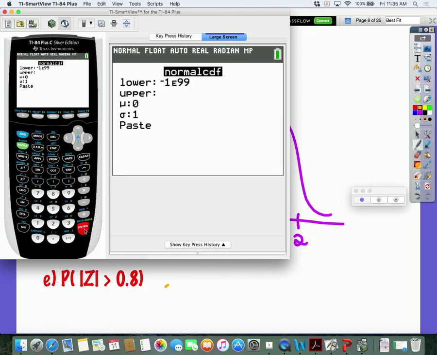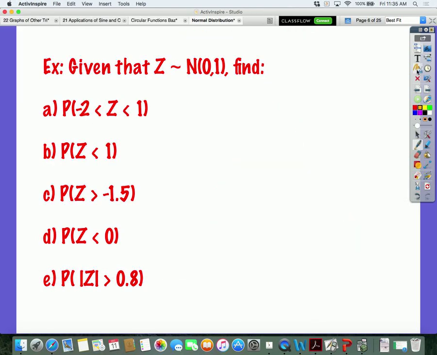Now, if yours shows up like mine, that's cool. If yours doesn't, it might pop up as norm CDF. No, you gotta go to option 2. And so then, basically what you're gonna type in is your lower bound, which is -2. Your upper bound, with the commas, I'm sorry, don't forget comma. Y'all remember where comma is? Where is it? Above 7.